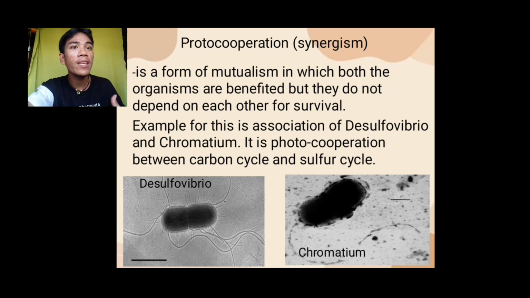Pero when it comes to survival, kumbaga iya na sila, okay? They don't need each other na kasi they can survive on their own. The example of this is the association of Desulfovibrio and Chromatium. It is a protocooperation between the carbon cycle and sulfur cycle, as you can see in the pictures.